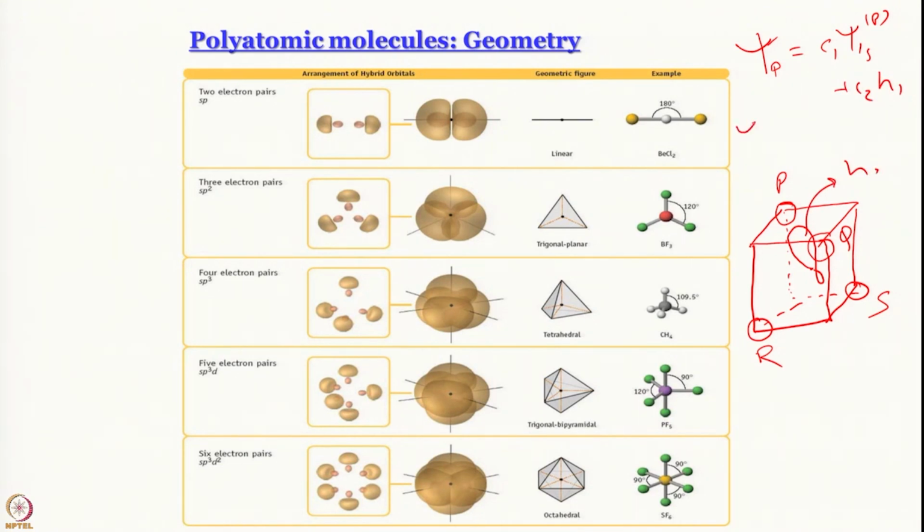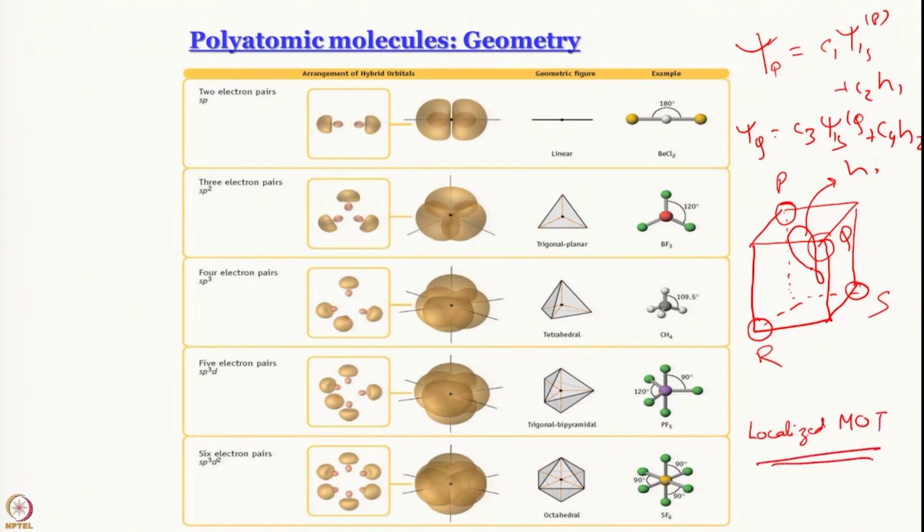Similarly, you can write psi Q will be equal to some C3 into psi 1s of Q plus C4 into H2, where H2 would be the hybrid orbital pointing towards Q. So, this way I can write 4 molecular orbitals, that would be the localized MOT for methane.